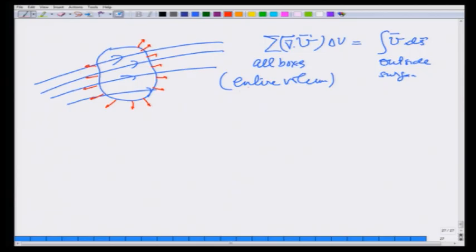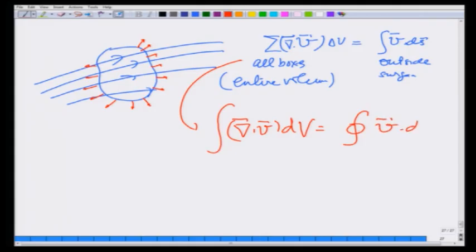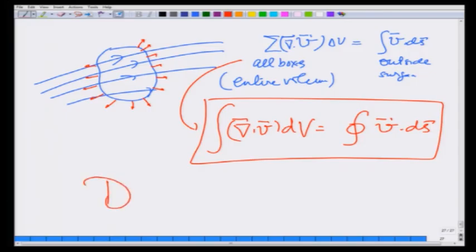So, this I can now write as integration of divergence of V over the volume is going to be equal to integration of V dot ds over the surface. This is known as divergence theorem.